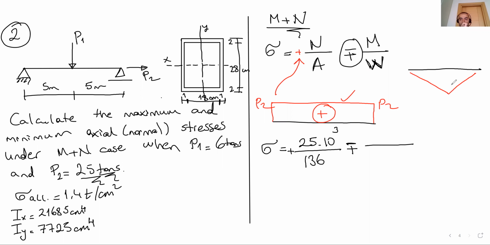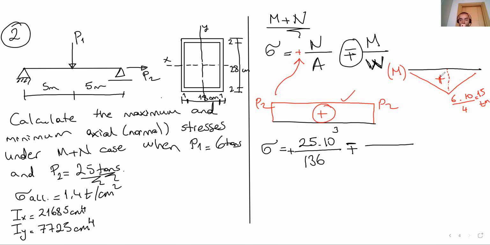Please try to calculate the moment diagram by yourself. It's easy. Okay, this value is P, what is P, over 4. So it's 15 ton meter. Okay, this is the moment diagram.